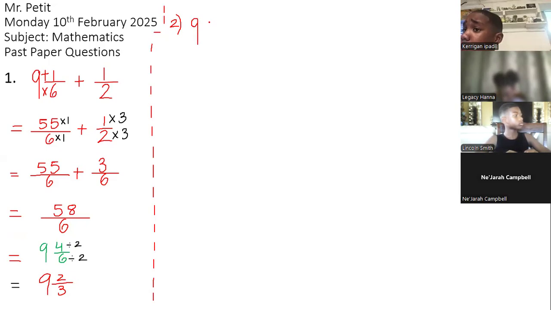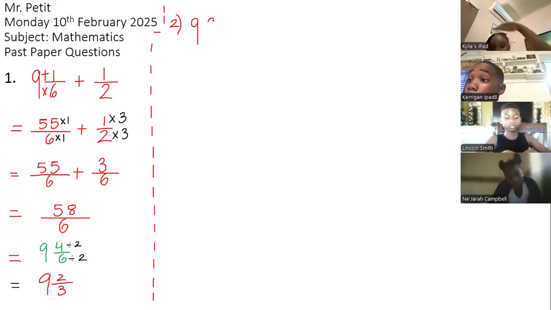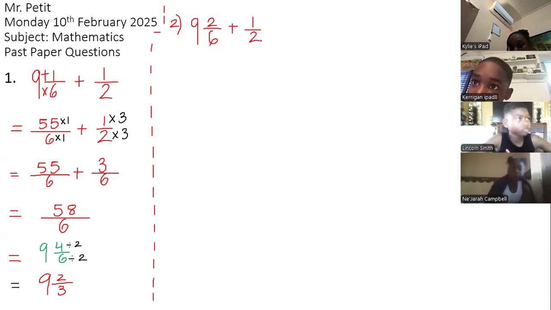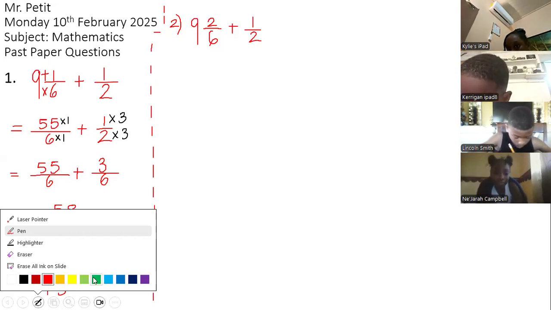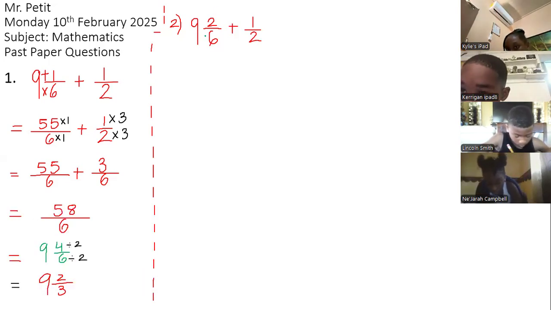Okay. So this is going to be 9 and 2 over 6 plus 1 over 2. All right, so for this one, what's the first thing we're going to do? Take this and change it, turn it into an improper fraction. Very good.